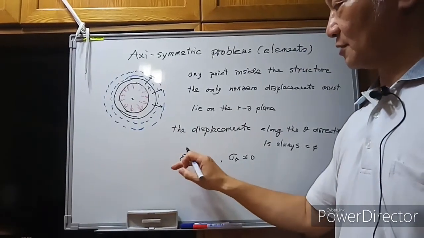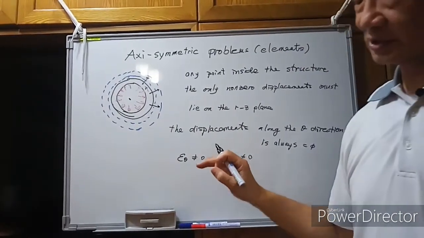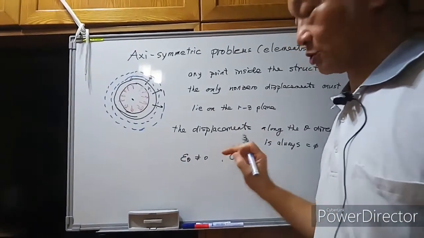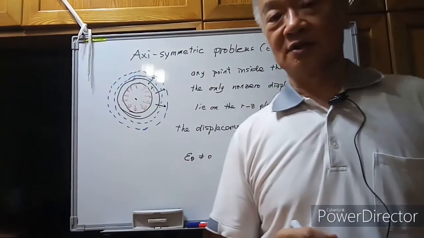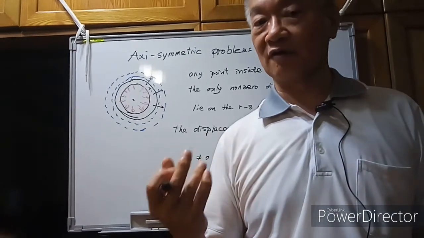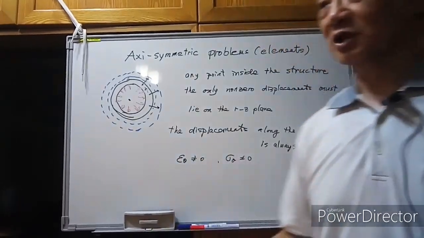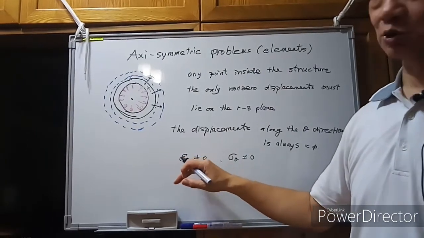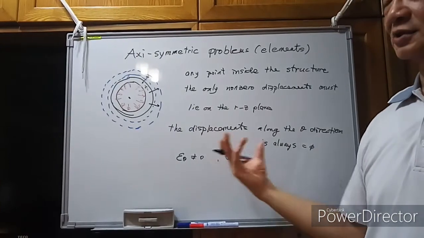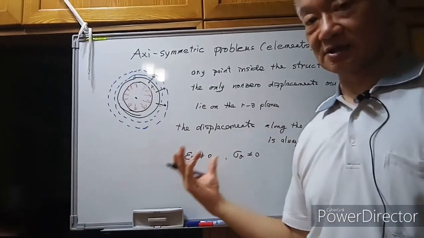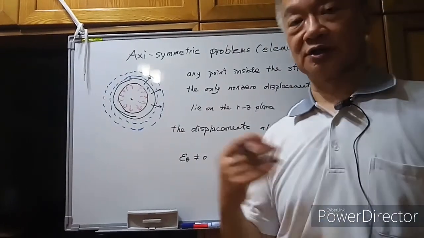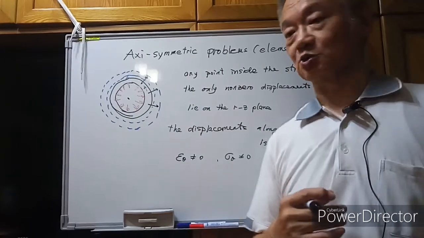If both the strain and the stress are non-zero, then when we calculate the strain energy of the structure, you need to consider the contributions from the epsilon theta and the sigma theta, since both of them are non-zero. So they will contribute to the strain energy of this structure.